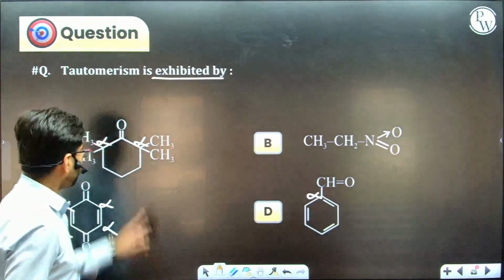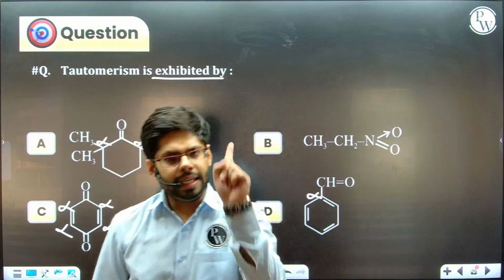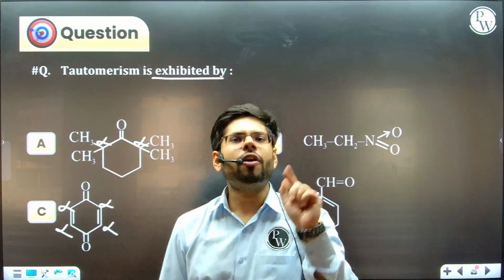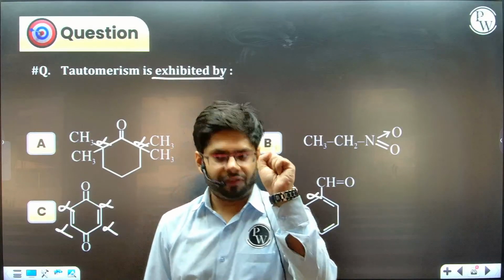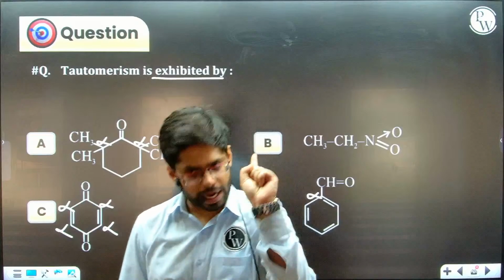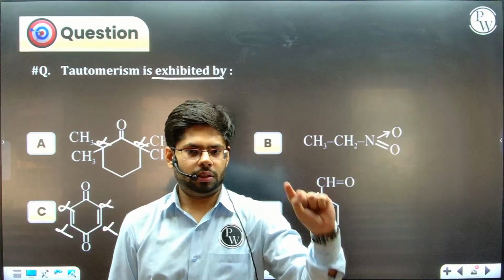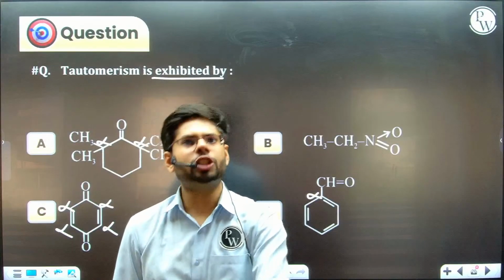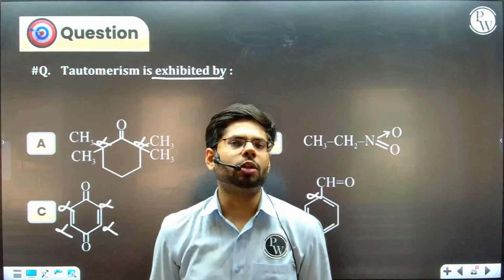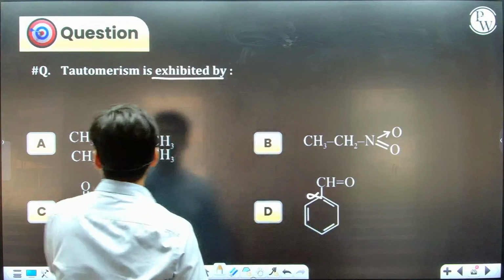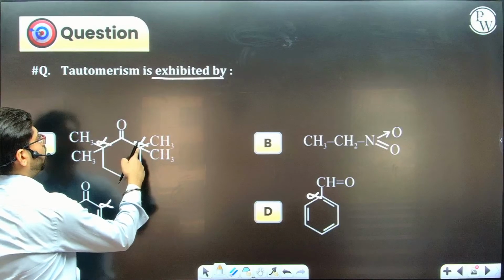Now, if there is at least one alpha hydrogen atom such that the alpha carbon to which that hydrogen atom is attached is sp3 hybridized, then we will say that yes, tautomerism is possible. So let's check here. This alpha carbon is sp3, but there is no hydrogen atom attached to it.